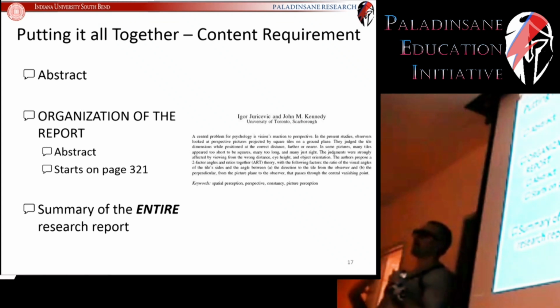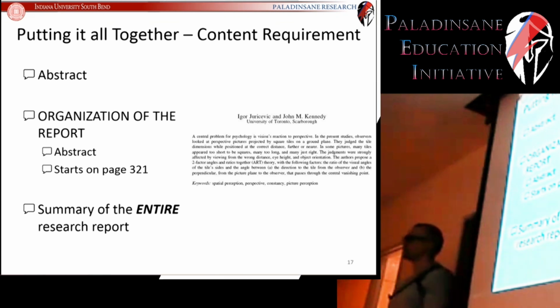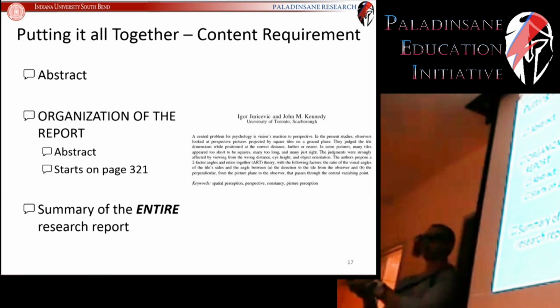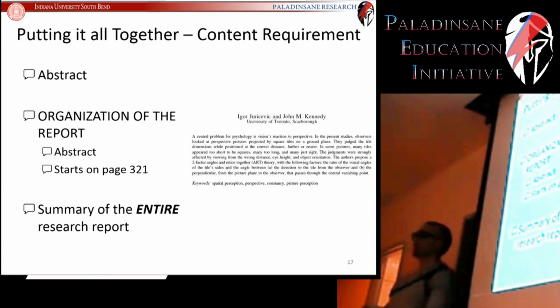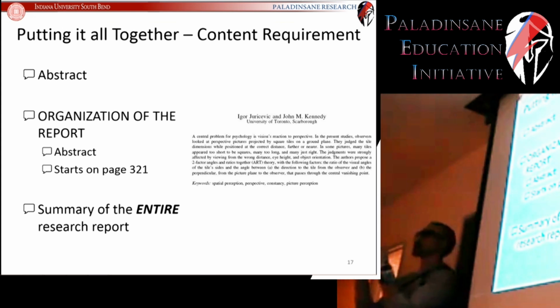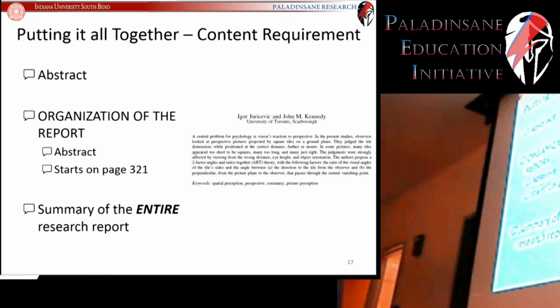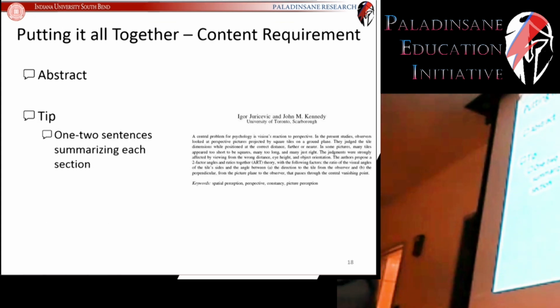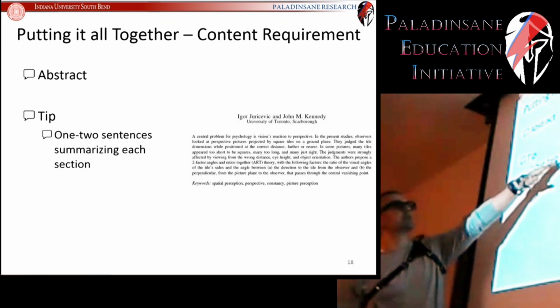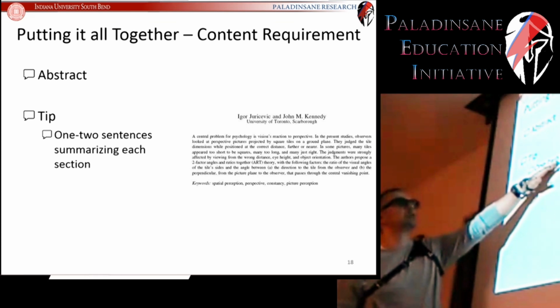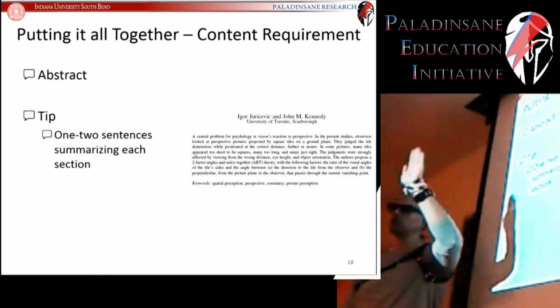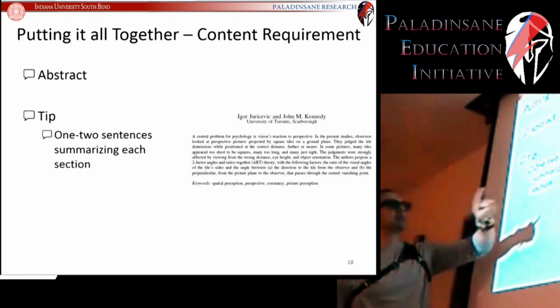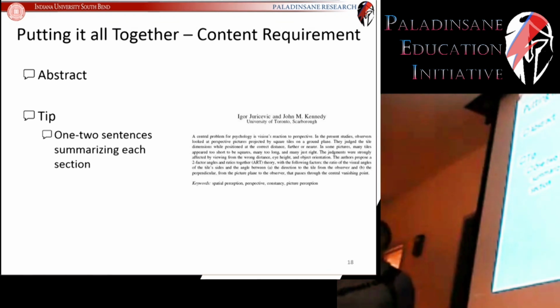That's very challenging to do sometimes because you literally have 12 pages and this is asking you to summarize it in one paragraph. The easiest way that I found to do this is to limit yourself to one minimum, two maximum sentences that summarize each section.